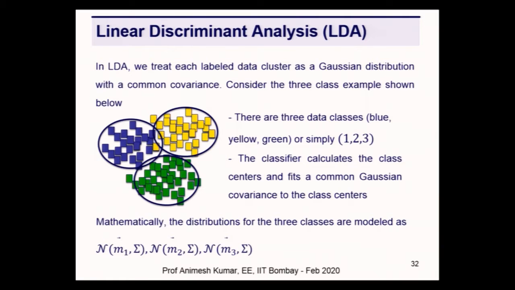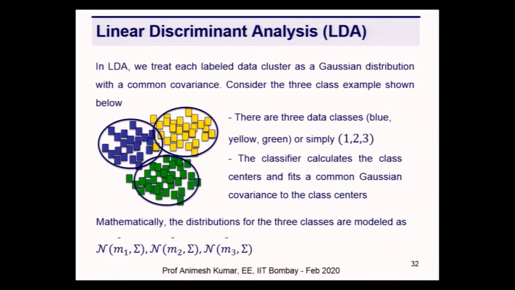The way LDA works is as follows. LDA assumes that all these clusters have a common Gaussian covariance, but all these classes have different means. So the yellow class has a different average value, the blue class has a different average value, and the green class has a different average value, but they all share a common covariance.